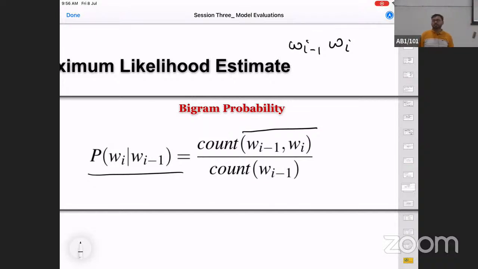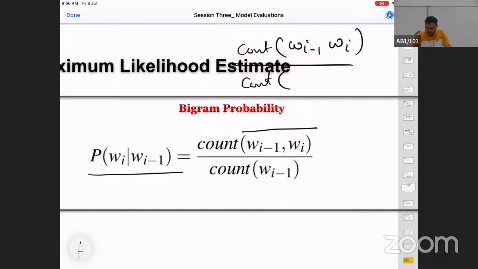Find out how many times this bigram was occurring in that data. I'm talking about that count in the numerator. How many times this bigram is there in your Wikipedia data, divided by the count of this unigram. How many times this word is present in your Wikipedia data? This is the bigram probability.